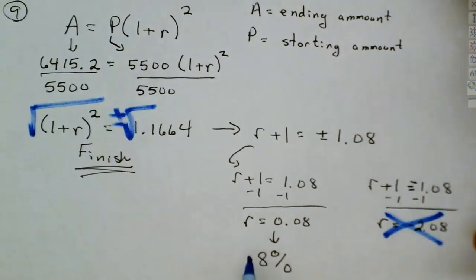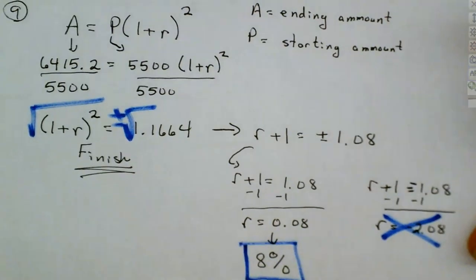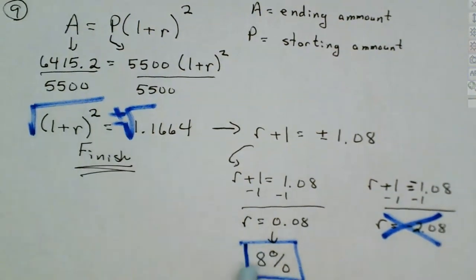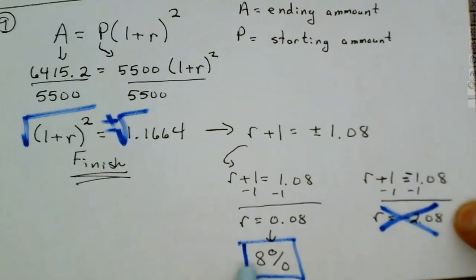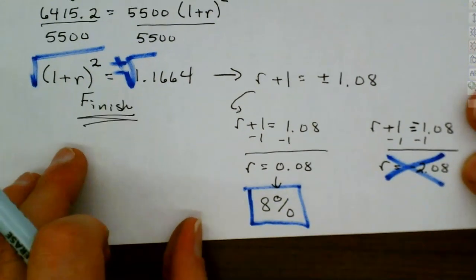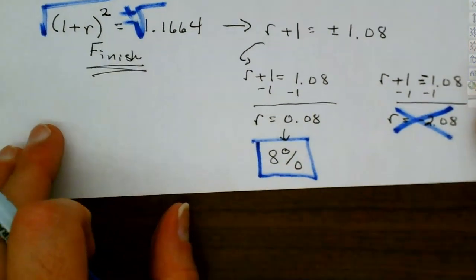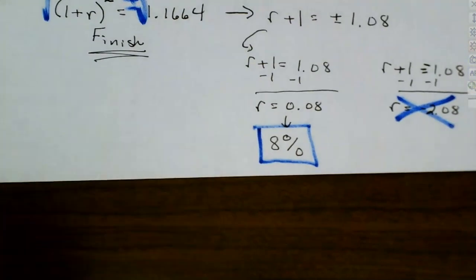So what would your answer on this one be? 8%. So we took our square root, right? We moved that 1 over, and that gave us 8% over here. This one was negative, so it doesn't work at all. Does that clear up that? So the only answer that you'll have on that one is 8%.